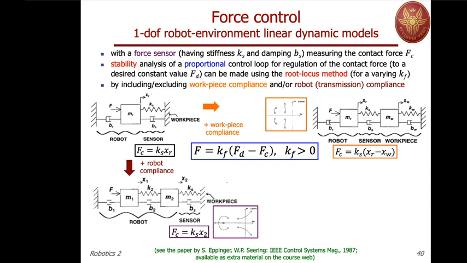The workpiece is not moving because it's fully rigid, but you will compress the spring and you will measure a force Fc. Now in this case, the system is again a fourth order system, so it has 4 poles, but indeed it will have no zeros in this case.